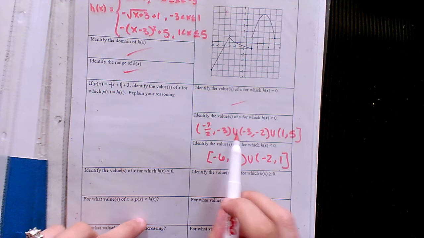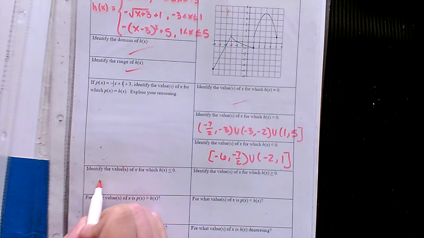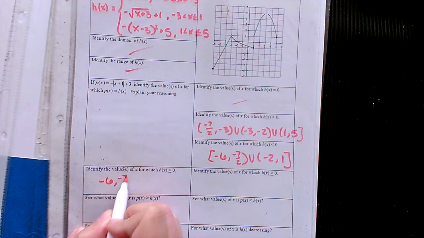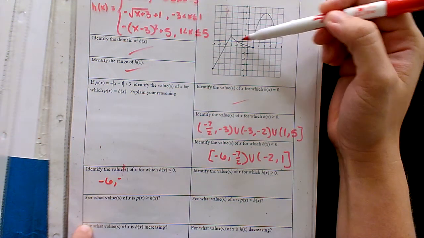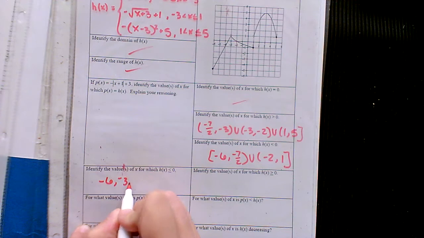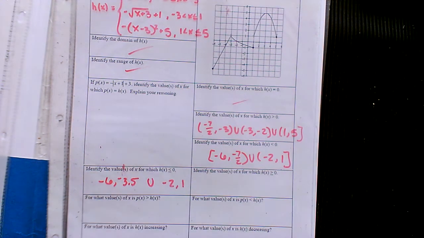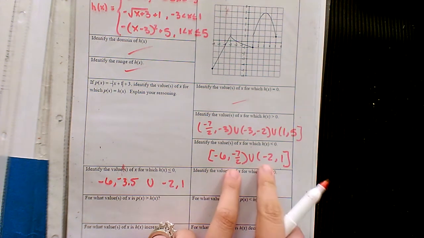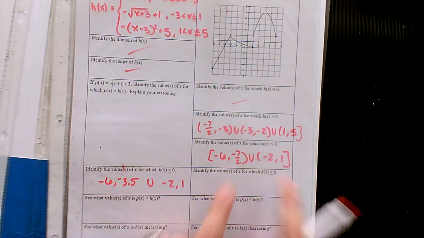So if we take a look at this, less than would have been this one. We originally had -6 to -3.5 yesterday as a decimal. So we're going to have the same values. What's different is whether we need to change a bracket or parenthesis. In the previous question, we had to skip over the x-intercepts because we strictly had to be below the x-axis.